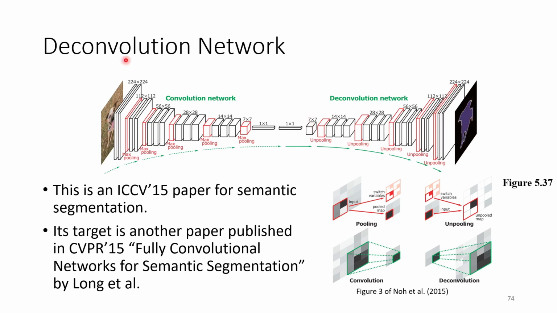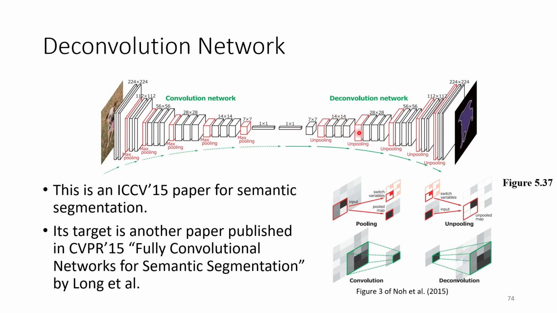In their proposed deconvolution network, this is a convolution layer, and so you can see convolution, maximum pooling, convolution, maximum pooling. Do it several times, and they will generate a 1 by 1 pixel. And then here they use unpooling and apply several convolution kernels.